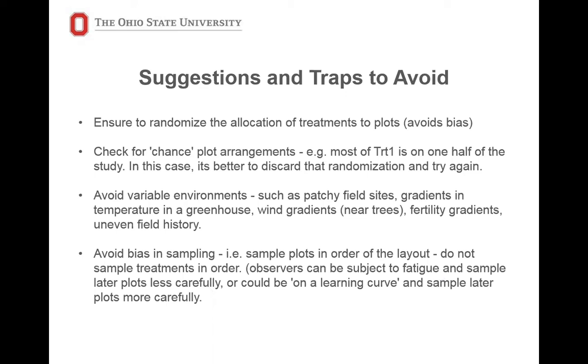We may end up being less careful sampling later in the experiment due to having to rush so that we could get done. So we should stick to the order of the layout, sample in that order, and if we do have a bias, then it's going to occur randomly for the treatments if we follow the plot layout.